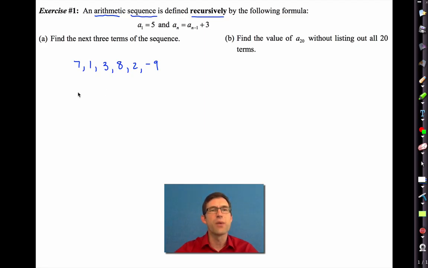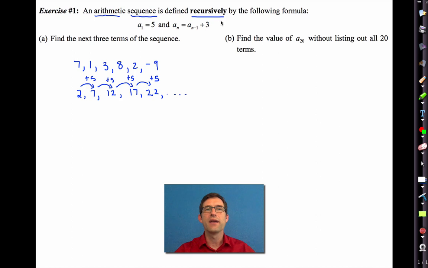An arithmetic sequence is one where each term is generated by adding the same amount to the previous term. So we add 5, we add 5, we add 5, we add 5.